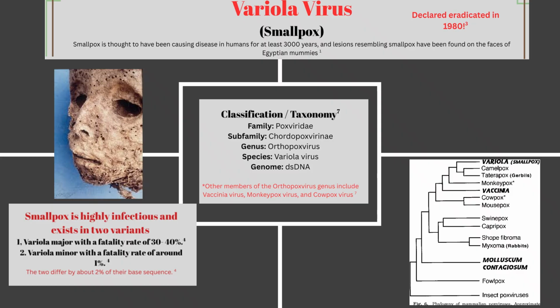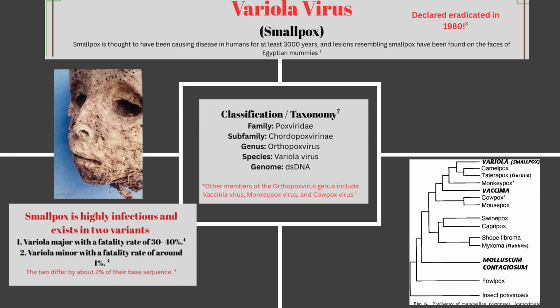Other members of the Orthopoxvirus genus include Vaccinia virus, the monkeypox virus, and the cowpox virus. All these stem from one common ancestor, the Protopoxviridae, and they come from the Poxviridae family.